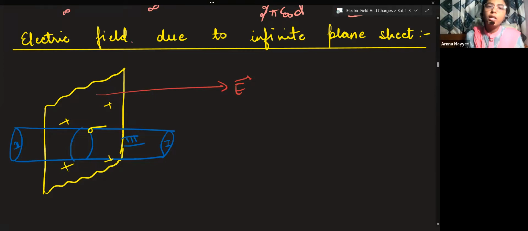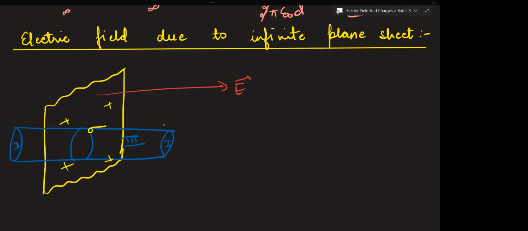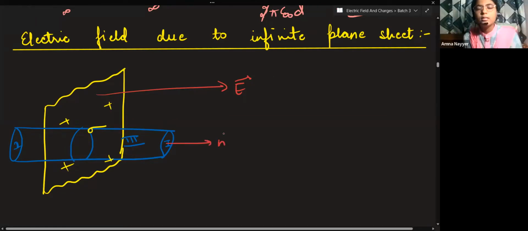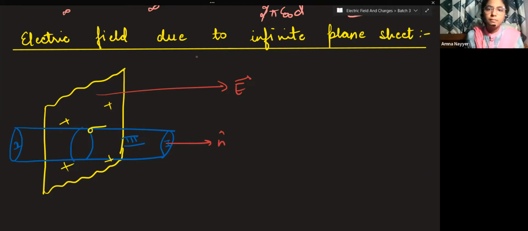Now let's check each of the surfaces. Reem, you tell us, for the first surface, where will be the direction of area vector? Right side, very good. It will be on the right side. So are we still getting 0 because of the flat surface? Will the flux still be 0? What is the angle between area vector and electric field now?